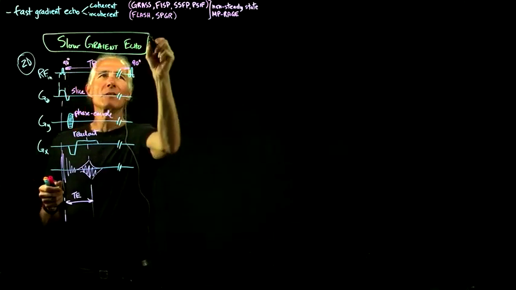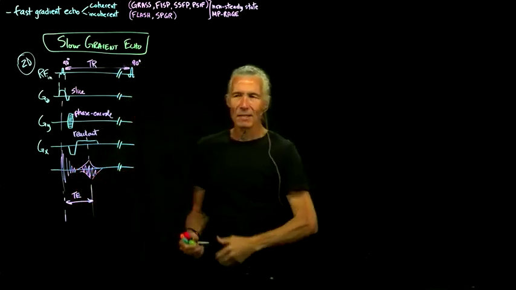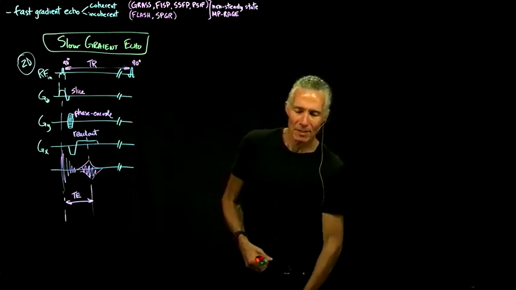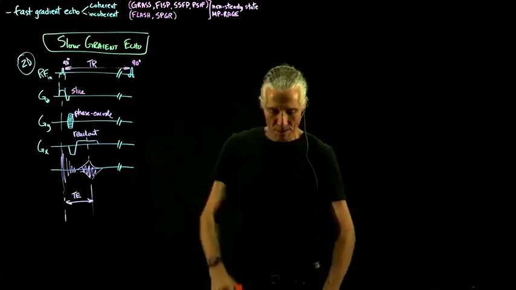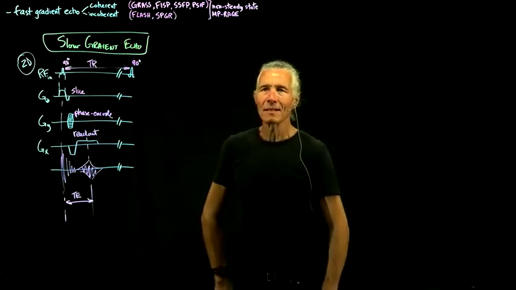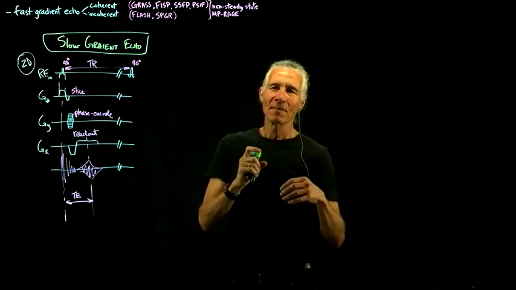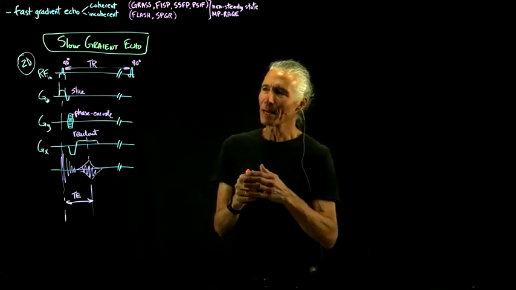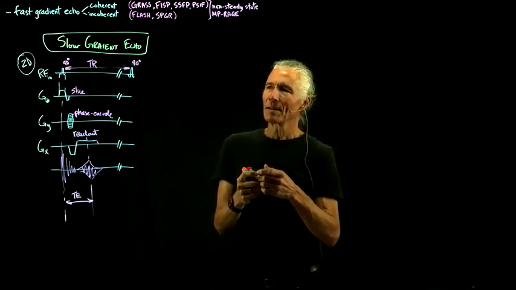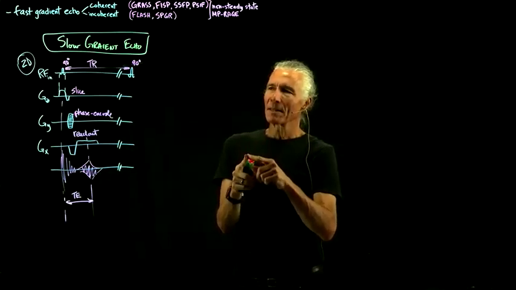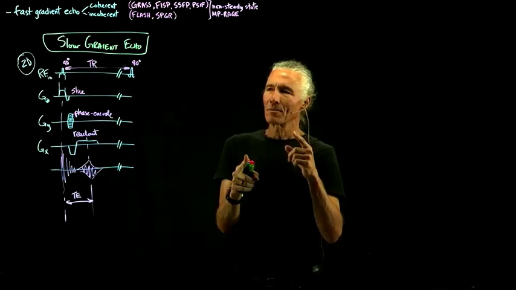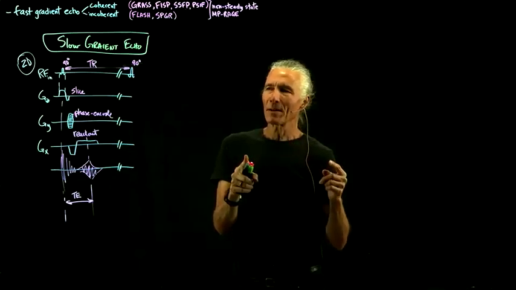Okay, so now what was the first thing that was developed, even before FLASH? So like this GRASS idea. People were already in the mood for spin echo. And so what do you do with spin echo or fast spin echo? You do an RF pulse and then do a 180 and then you get the spin echo.